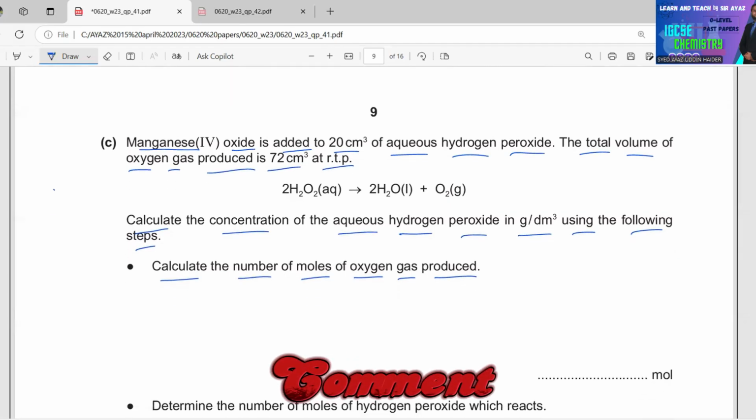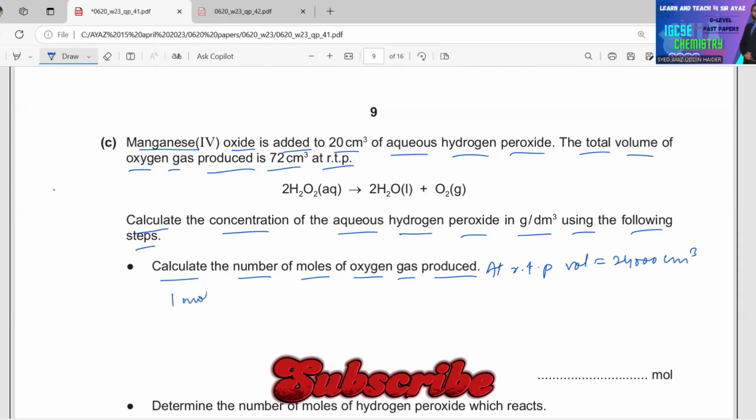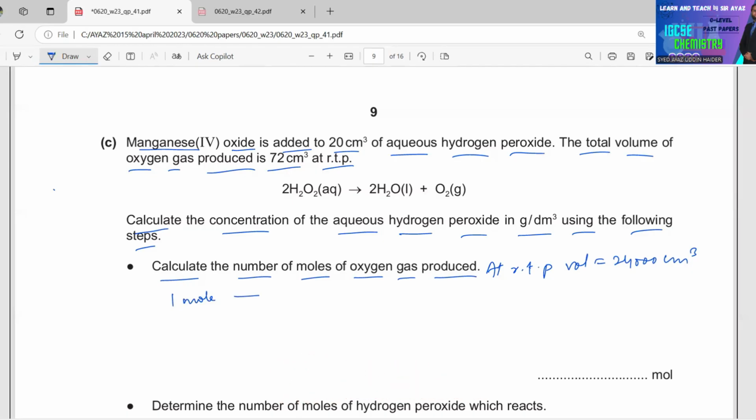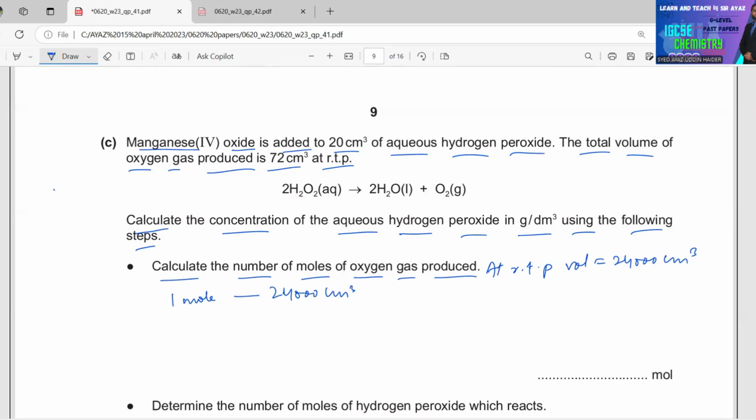The total volume of oxygen gas produced is given, which is 72 cm3 at RTP. And you know that at RTP, the volume is 24,000 cm3. So we write for 1 mole, volume is 24,000 cm3.